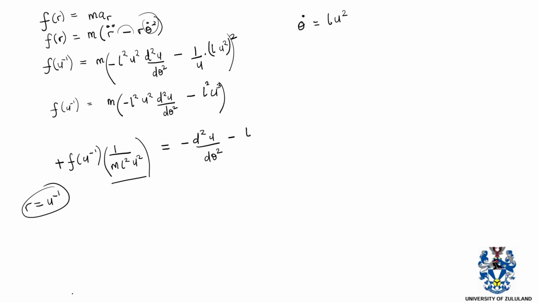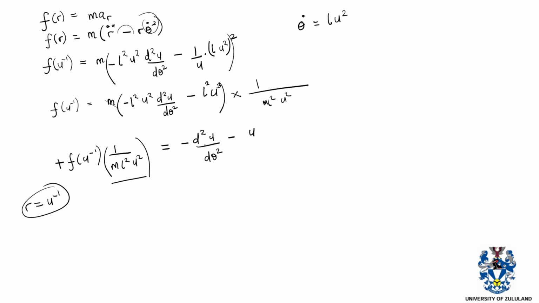L squared and L squared have already cancelled out. This is just going to be minus u. I hope that you see the mathematics here. We have just multiplied by 1 over m L squared u squared. The m and m have cancelled, the L squared and L squared have cancelled off. We remain only with u.